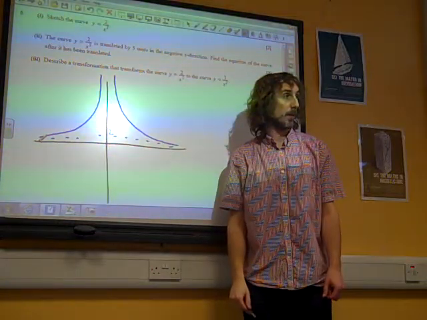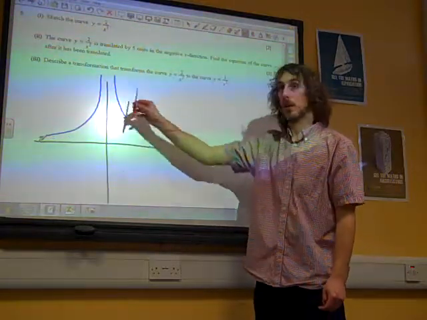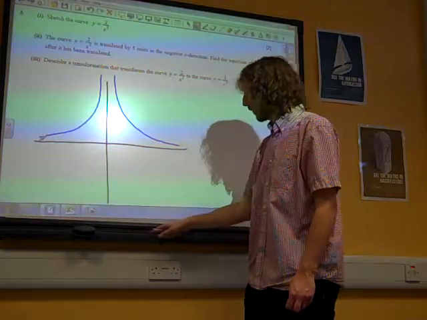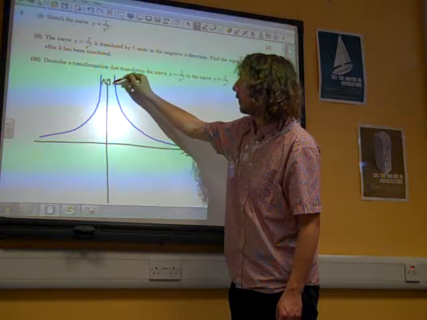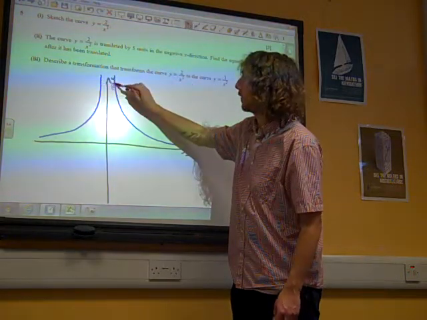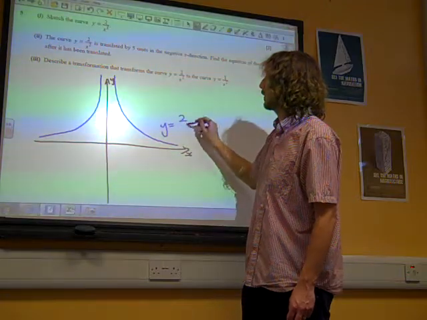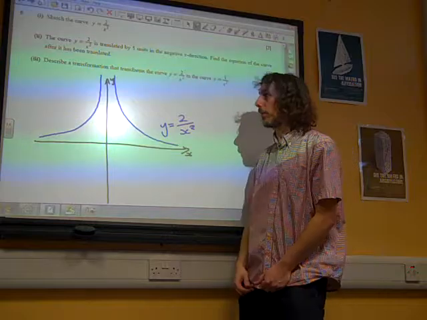So you needed to lose a mark for that. The asymptotes would be the x-axis and the y-axis, and that was your 2 marks. You're not going to lose marks for it, but just for completeness, label your axes, put them in the right place, and label your graph as well. Just to be neat.